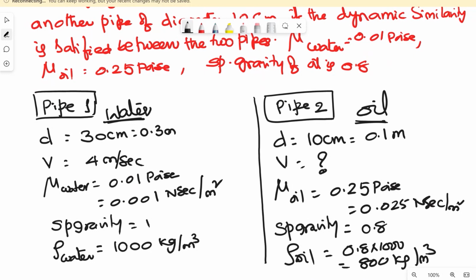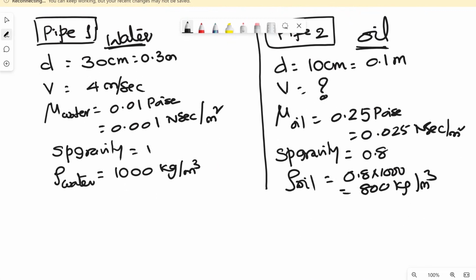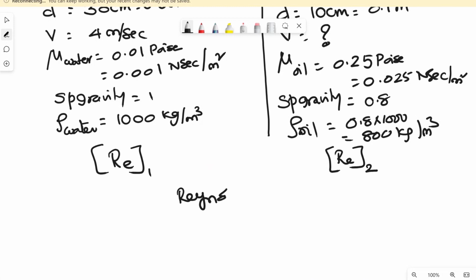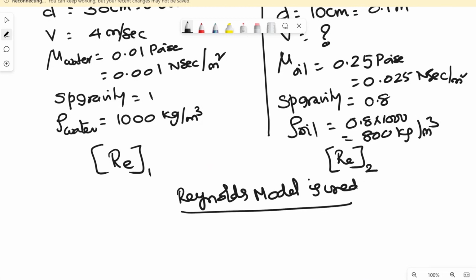So this is over. Now, according to Reynolds model law, the Reynolds number for this is equal to the Reynolds number for this. Because it is a pipe problem, Reynolds model law is used. So what is the Reynolds number here? When it is a pipe, the characteristic length L is equal to the diameter, as I already mentioned in the previous lecture.